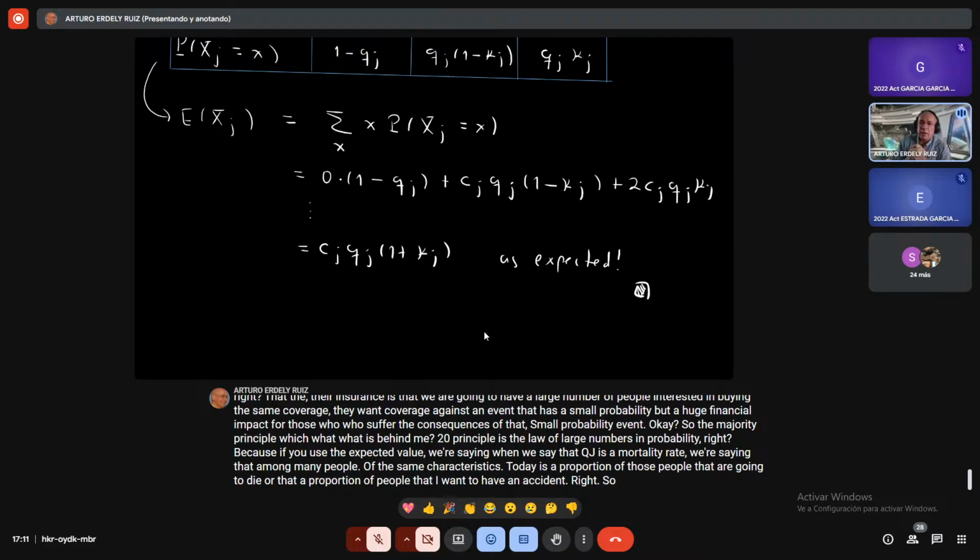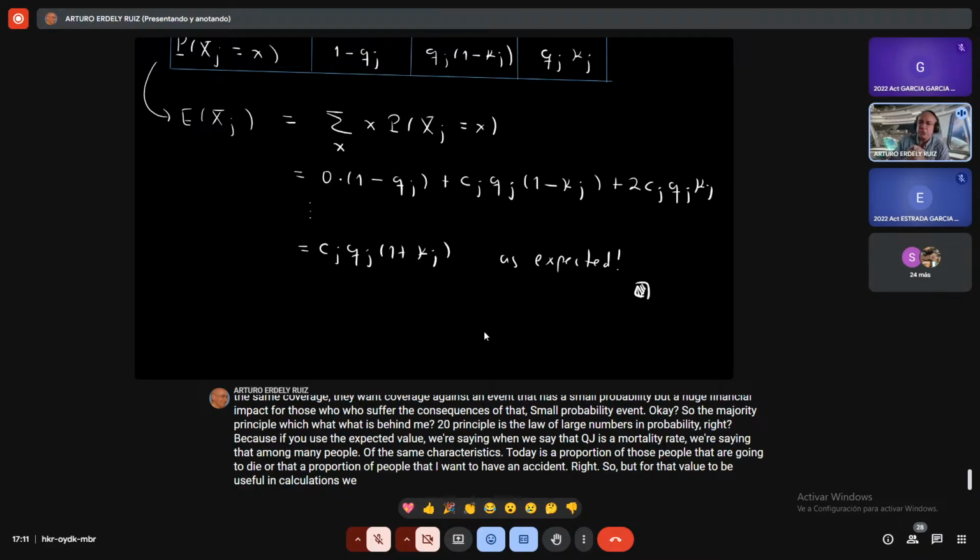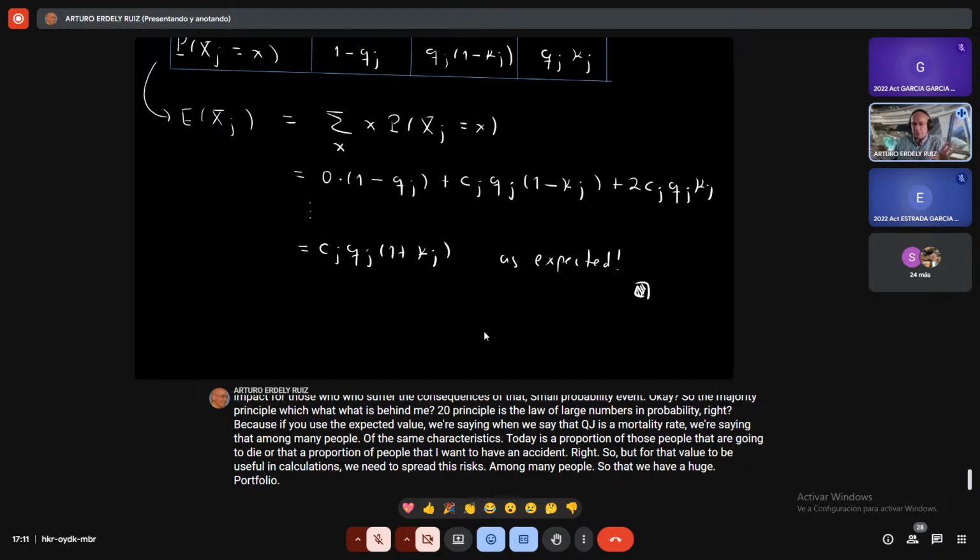But for that value to be useful in calculations, we need to spread these risks among many people so that we have a huge portfolio of people where just a very small part of it are going to file a claim, which implies a payment, right?